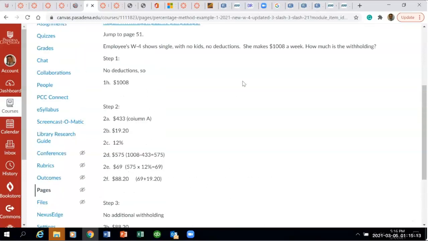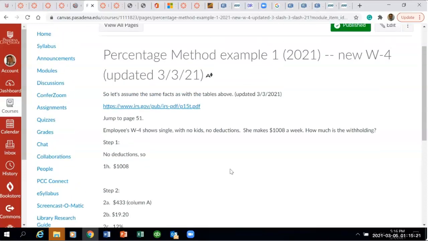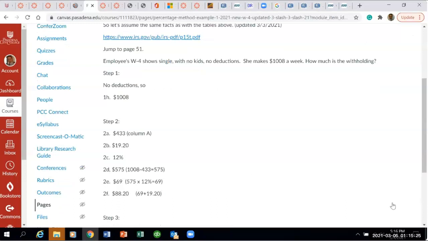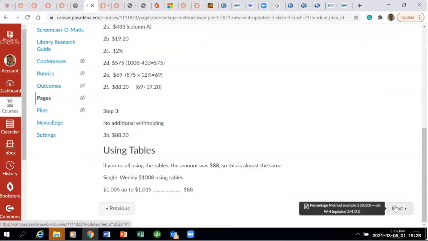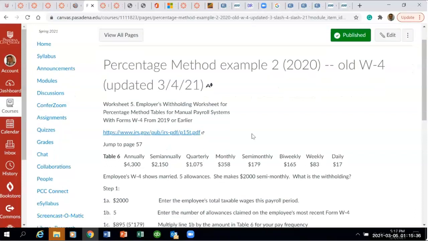So if I add just one dependent here, all of a sudden it will change the situation, but this one is a single. Okay, so let's do one more.